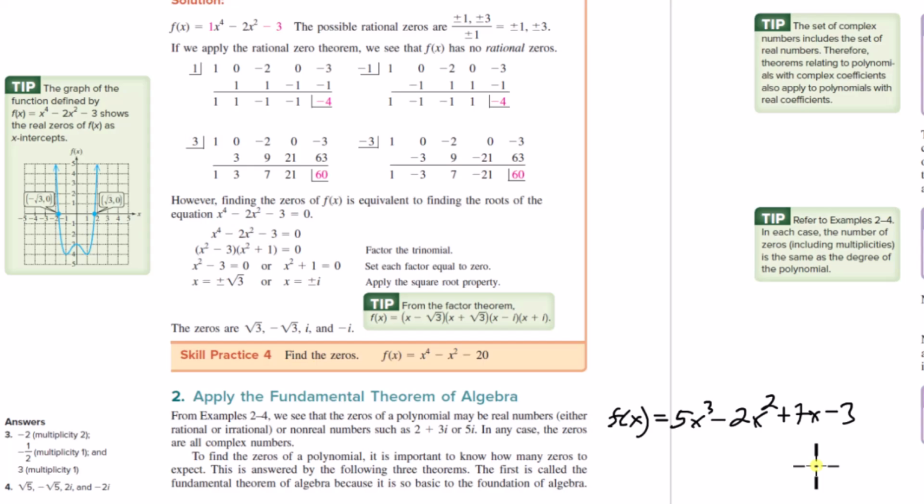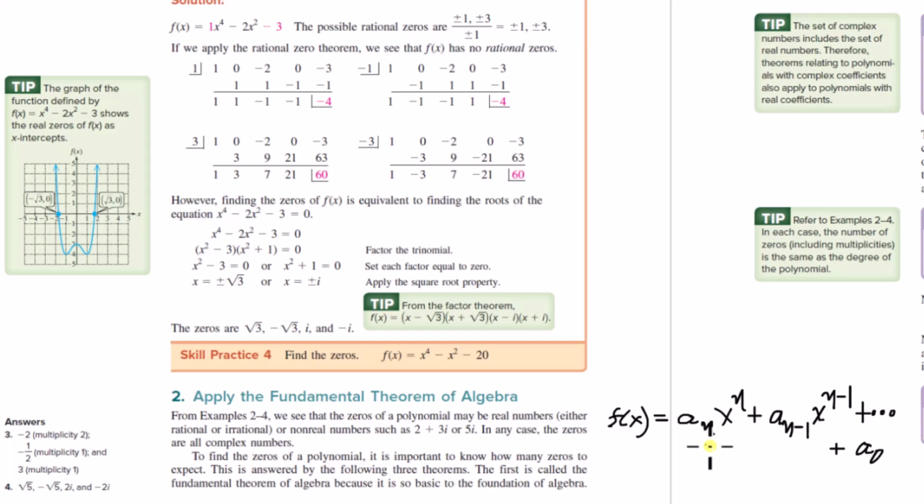However, for the fundamental theorem of algebra, we want to look at the definition of the polynomial from the most general viewpoint. Okay, and so the most general viewpoint is we've got a sub n times x to the n plus a sub n minus 1 times x to the n minus 1 plus all the way down to the constant term.